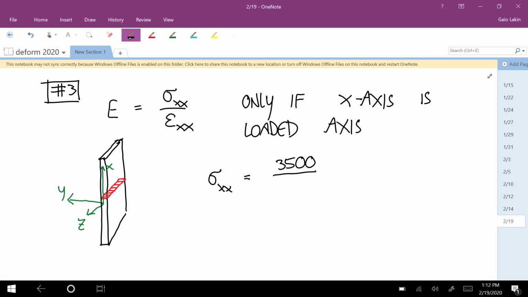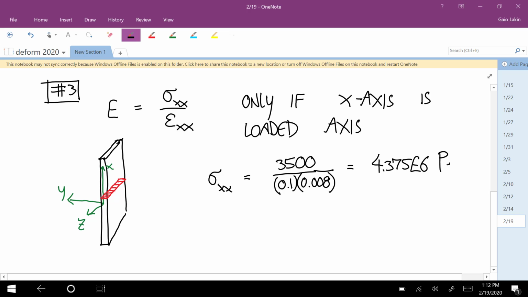So that's the area you want, which is 0.1 times 0.008. And I think you get 4.375 times 10 to the 6 pascals.